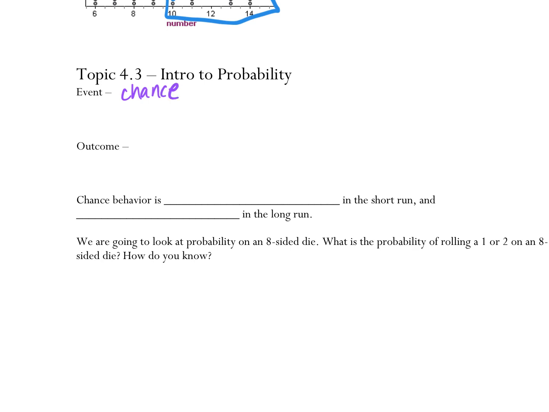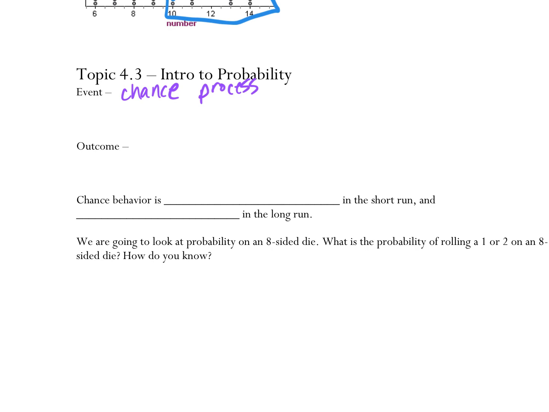But again, I want you guys to get away from thinking chance processes are dice or coin flips, and I want you to start thinking about chance processes as real world events. The weather. If I go to the bathroom right now, is somebody going to be in the bathroom stall? What's the probability? There's all sorts of chance events that happen all the time.